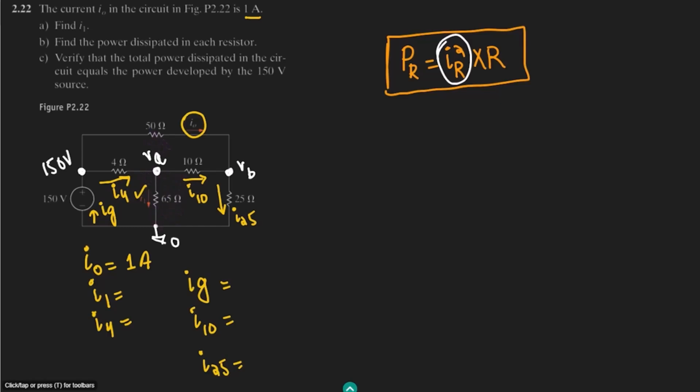First of all, let me call V50 the voltage dissipated across this 50 ohm resistor. We can clearly see that V50 is 50 multiplied by I naught. The value of I naught is known, 1 ampere, so V50 is 50 volts.